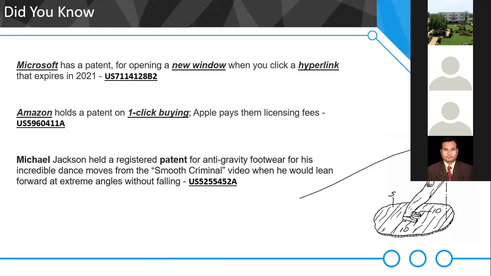Amazon has a patent on one-click buying, and Flipkart, Snapdeal, Apple, and many e-commerce websites have taken a license from Amazon to use the protected invention. Everyone knows the famous step of Michael Jackson. At that time, Michael Jackson patented his special gravity footwear, a simple invention. So you can file any type of invention, any basic invention.